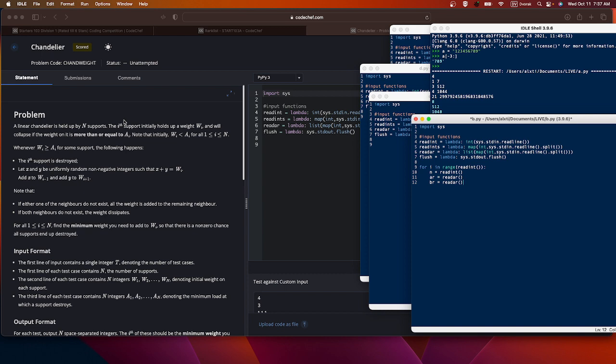Okay, that's the initial weight. And then if we increase this weight to AI, then it will collapse.